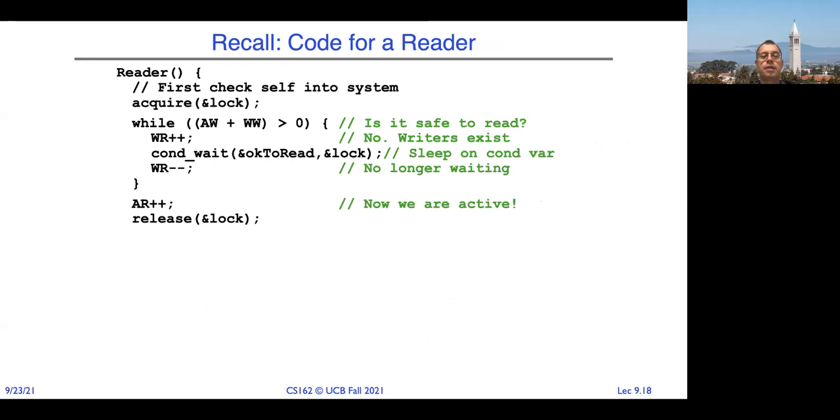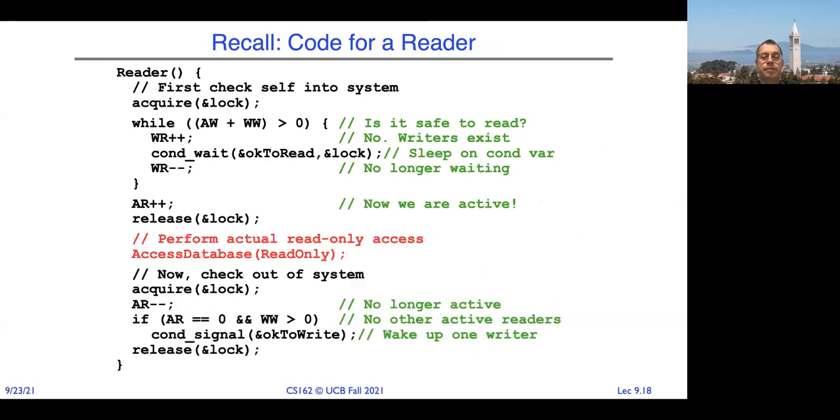So let's try the code for the reader. Here it will now look like acquire lock, release lock, because within this code it manipulates the state variables. This is a reader.